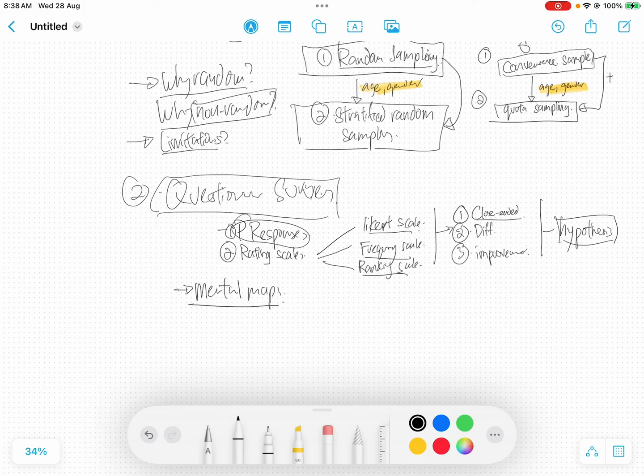All right, because for mental maps, I think it is important for you to note that mental maps can be a very good tool for data. All right, and for these data, you can give your participants either a base map or a blank piece of paper.